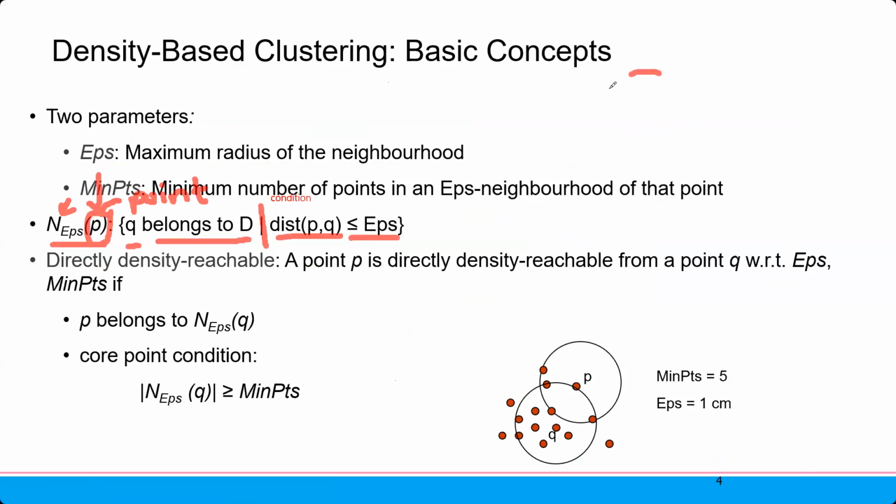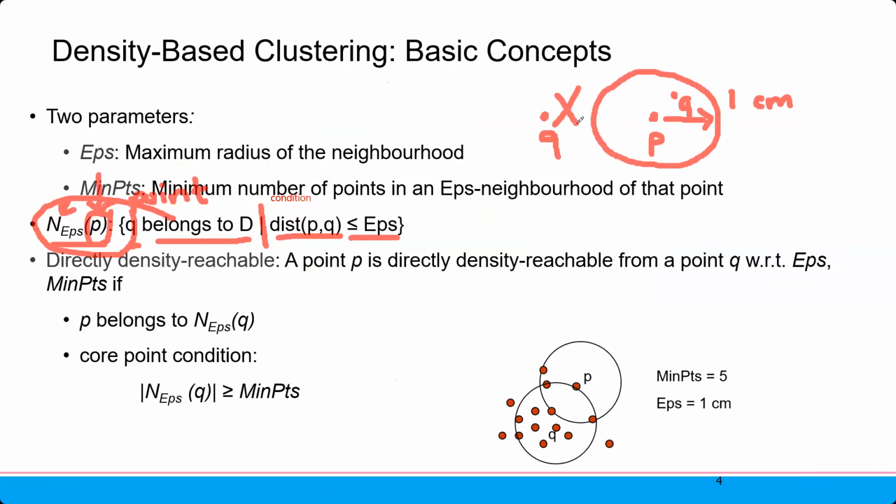So if I have this circle, and this is the point P, and the EPS is 1 centimeter, then if the distance to this point Q is less than 1 centimeter, we include this Q in the neighborhood. But if there is any point Q outside of the radius, then we will not include it.